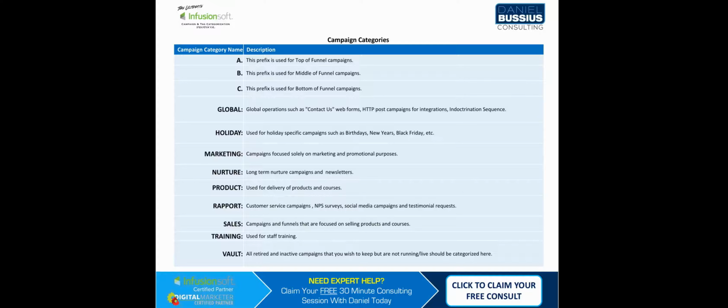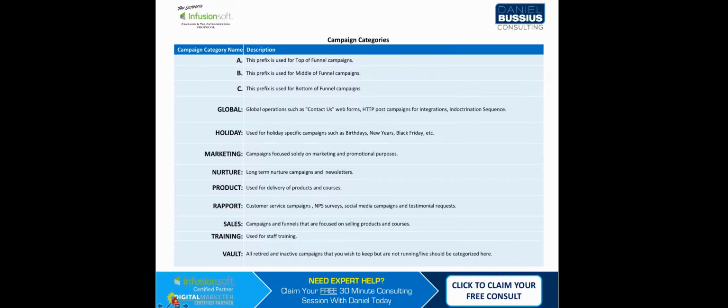I'm going to come back to the A, B, and C after I cover all the others, because I don't know what level of knowledge you have for funnels. I don't want to get too involved with funnels yet and then have you scratching your head and lose you through the rest of the campaign category tutorial. So let's table the A, B, and C for now, but what I want you to know is that it's a prefix. That will come before the other campaign category names. I promise you I'll come back to this in just a moment.